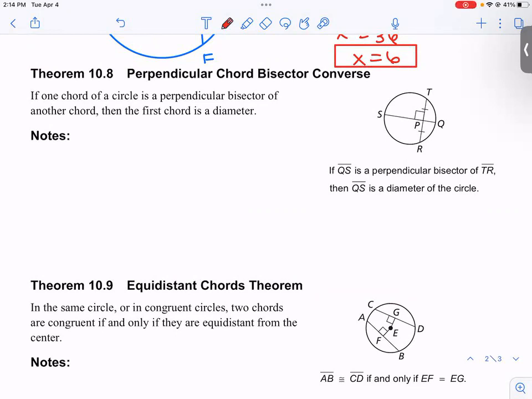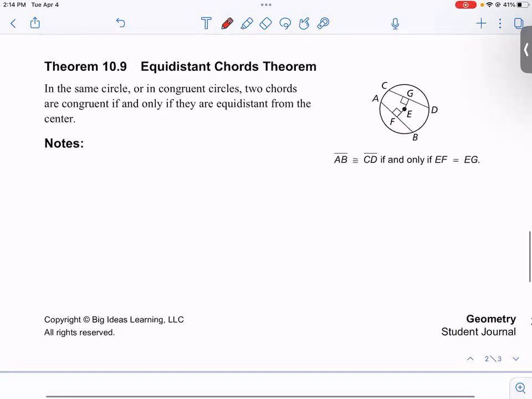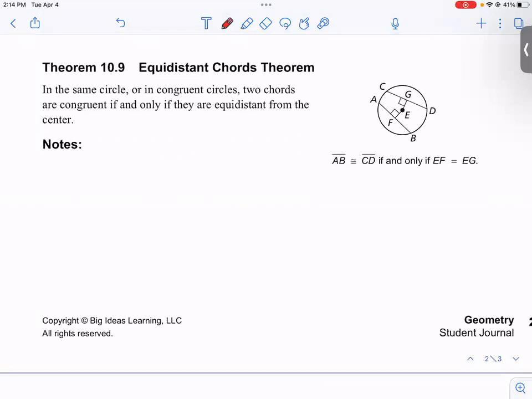Okay. Now, the last thing that we're going to talk about are these equidistant chords. Okay. In the same circle, two chords are congruent if and only if they are equidistant from the center. What does that mean? Let me show you. That's not a good circle.